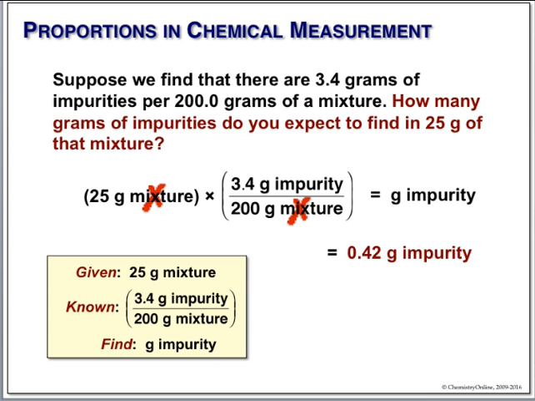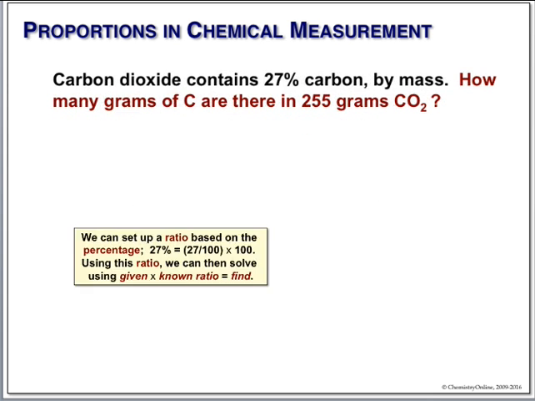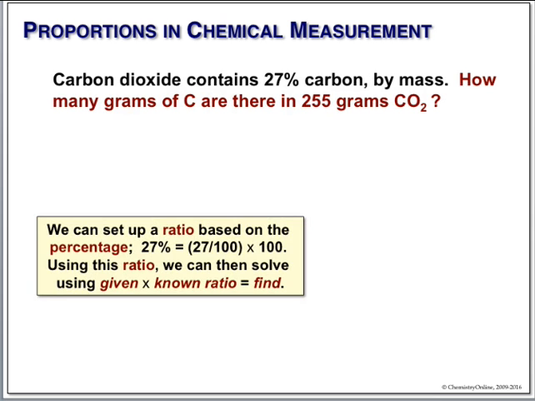Now another example using a ratio like this is a simple percentage. We learned how to calculate percentage composition, didn't we? So let's say we did CO2, and you come up with the fact that this is 27% carbon. So you did that calculation.